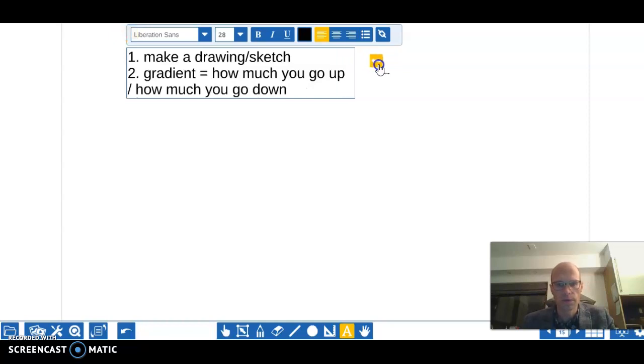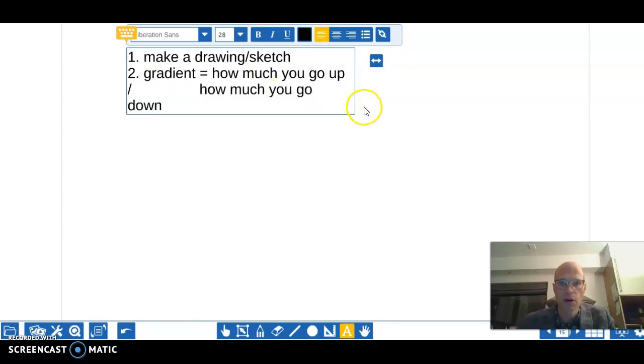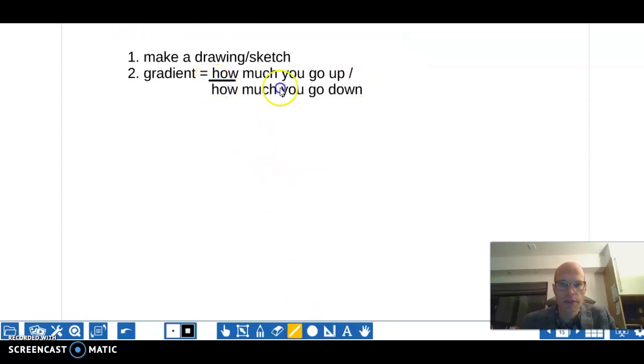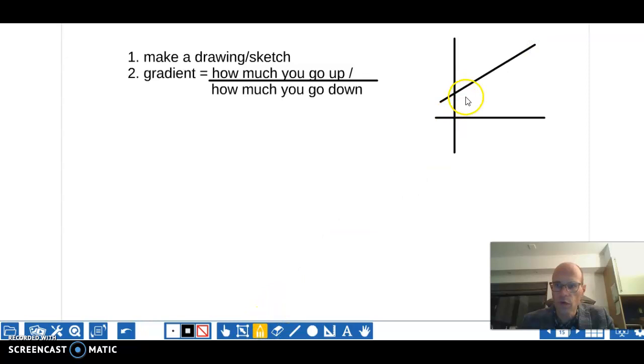So it's quick and dirty, make this into a formula: how much you go up divided by how much you go right, with a line in between. That is the gradient. So if I have a graph like this, let me quickly sketch it, we have a line with 2 dots.